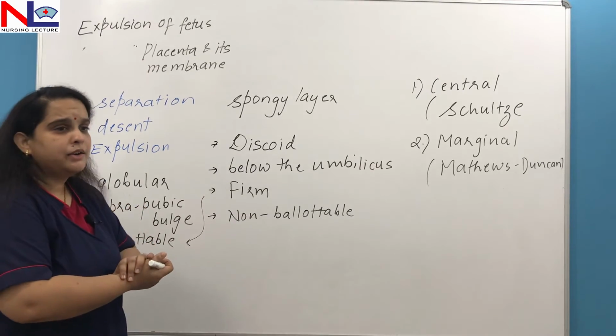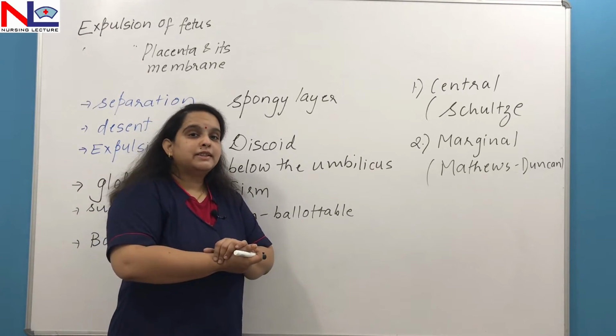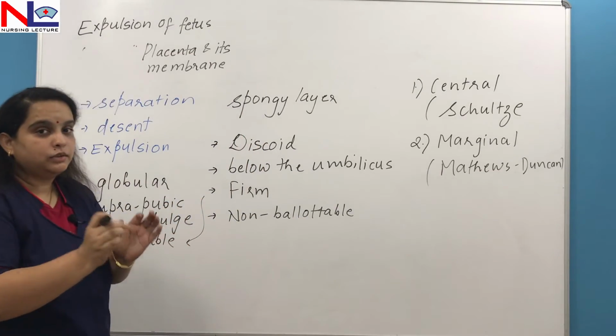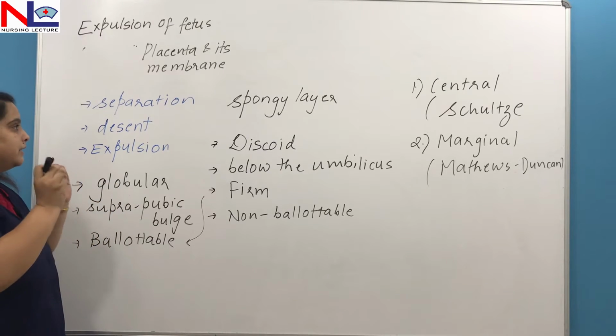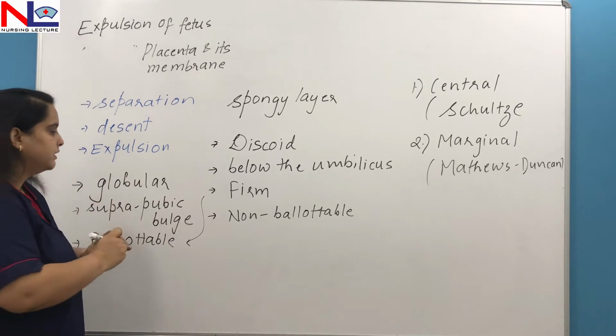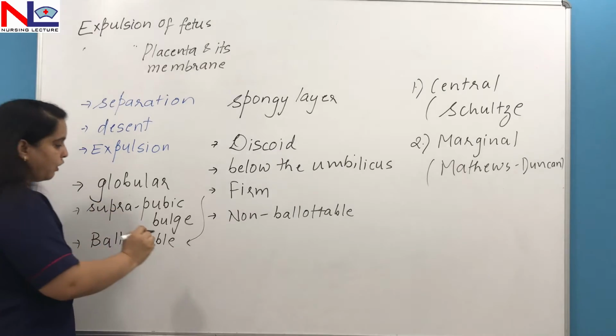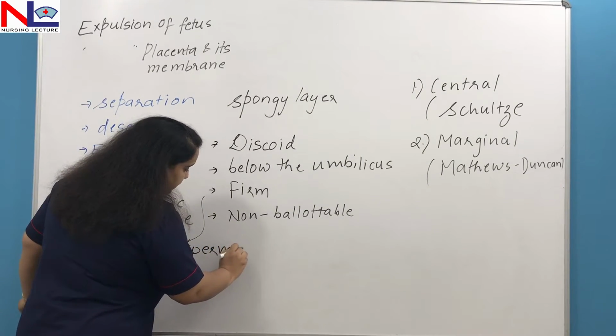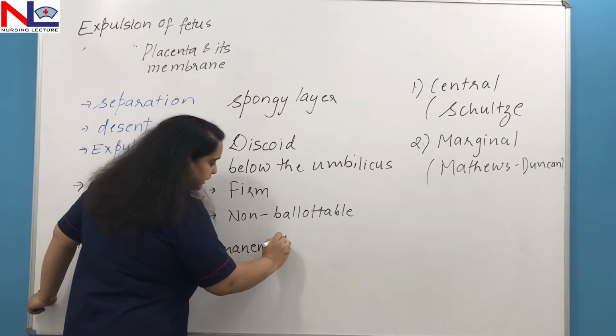But these are not ensuring signs that the placenta is separated. The most definitive sign through which you can be 100% sure that the placenta is separated is the permanent lengthening of the cord, right?